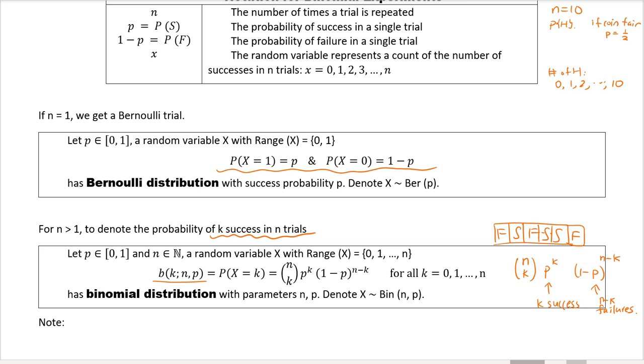So that's why the probability is this formula. And we can also use the notation b. Okay, so we say this random variable has the binomial distribution with the parameters n and p. So that's why the b stands for the binomial distribution. And you can see k is the variable and n and p are the parameters. Okay, and we denote X has the binomial distribution with parameters n and p.